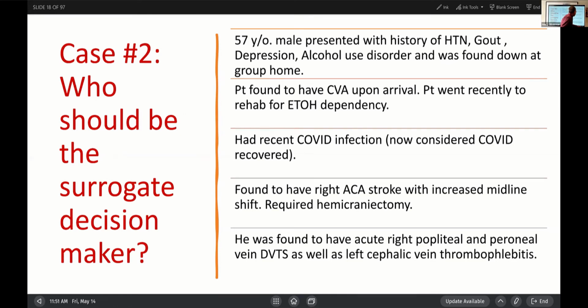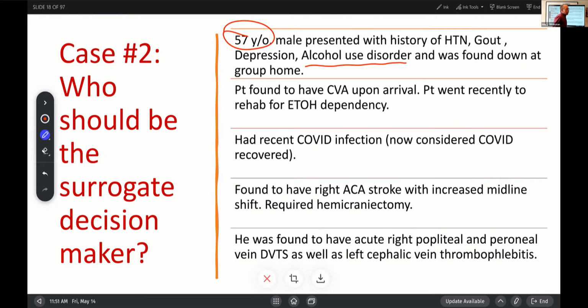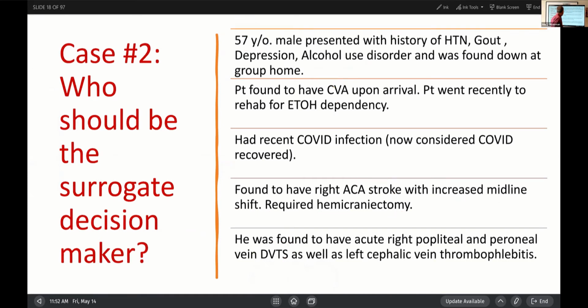We had a 57-year-old male presented with history of hypertension, gout, alcohol use disorder, and was found down at a group home, had a CVA and a recent COVID infection, and with his stroke, he had increased midline shift and had a hemicraniotomy, and he had multiple DVTs.